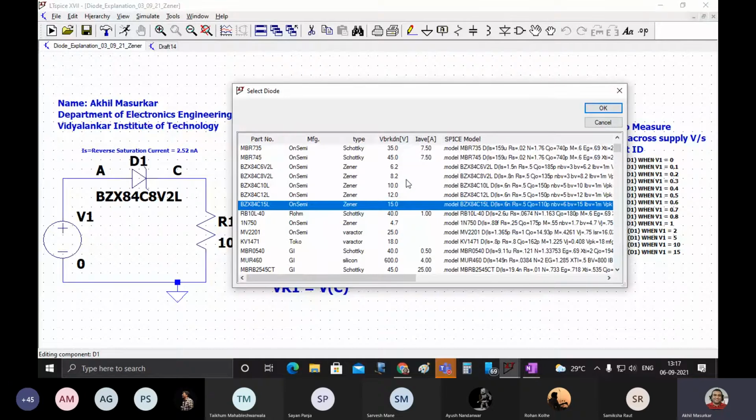So generally in Lamington Road, when we go, we say, "Arey 10 volts ka Zener de." This is a very local language, but what it means is: give me a Zener which has a breakdown voltage of 10 volts.